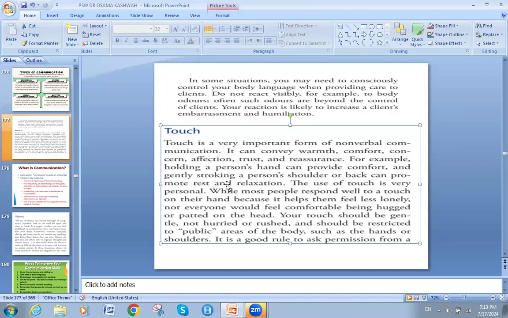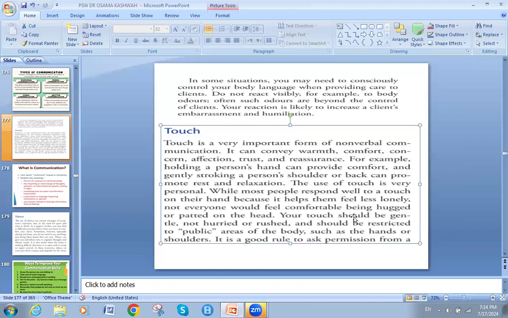It's compassionate with others when you touch someone. As an example, I put my hand on the shoulder, and this gives a kind of trust and a kind of relaxation for this person. So it also shows that you make the other person not feel lonely.